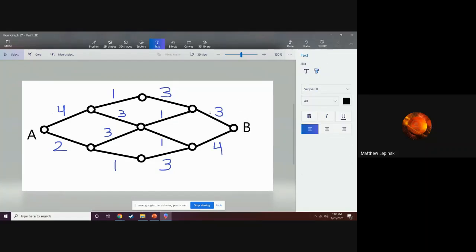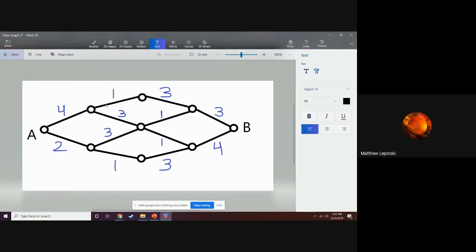Okay, so max flow. This is a related problem where we are trying to get something from A to B. And the something that we're trying to get could be, again, a logistics network where we're trying to ship widgets from A to B, and there's a number of intermediate stopover points.